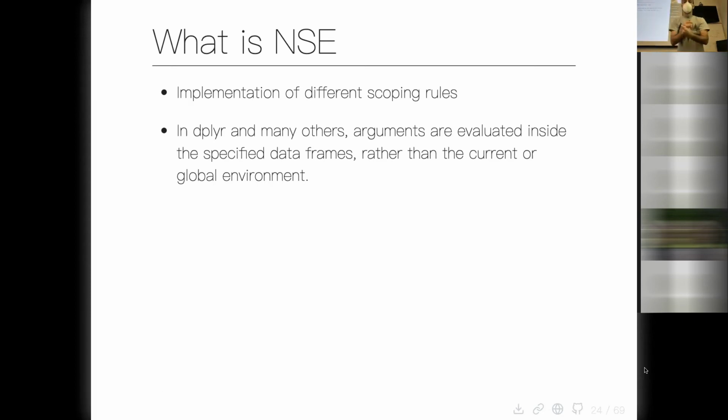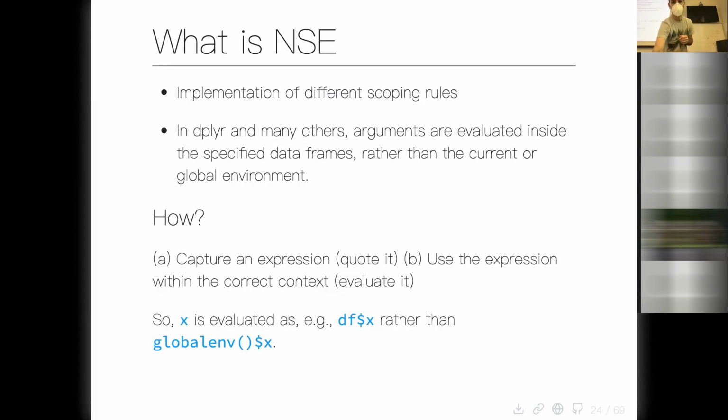So for example, in dplyr, let's say you're using select and you say select MPG. Non-standard evaluation works by quoting that MPG thing and then evaluating it within the data frame, rather than looking within the body of the function for something called MPG.